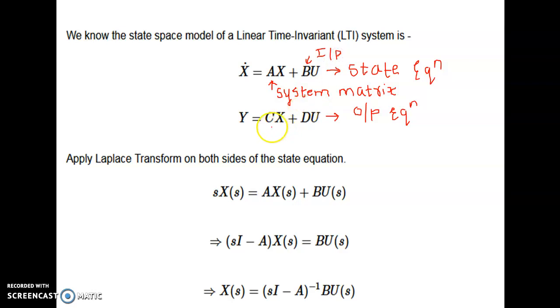C is the output matrix. And capital D is a transmission matrix.